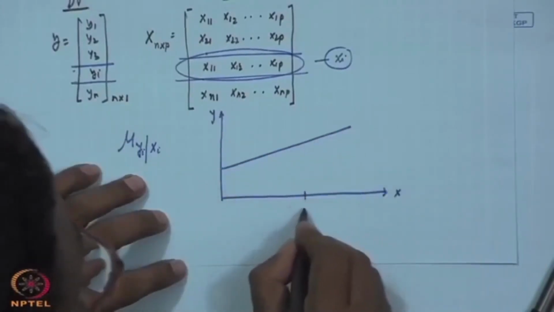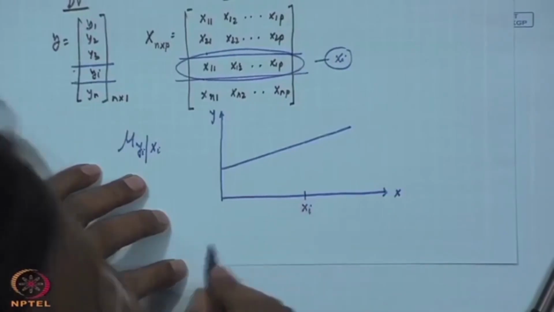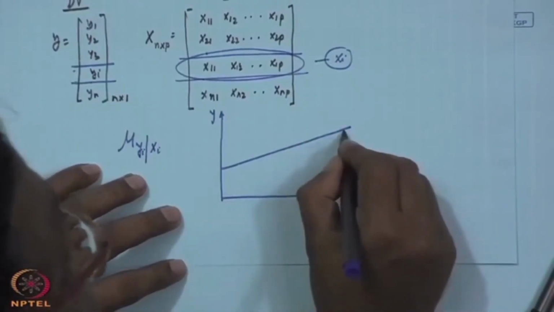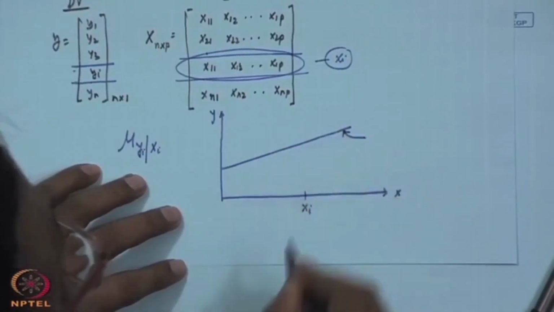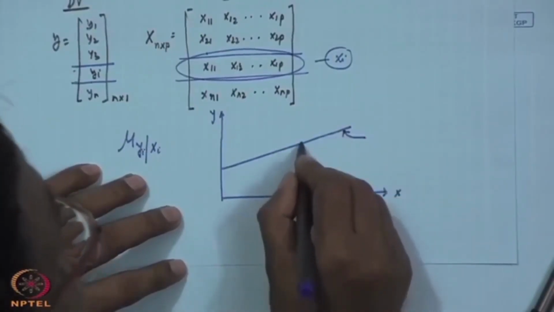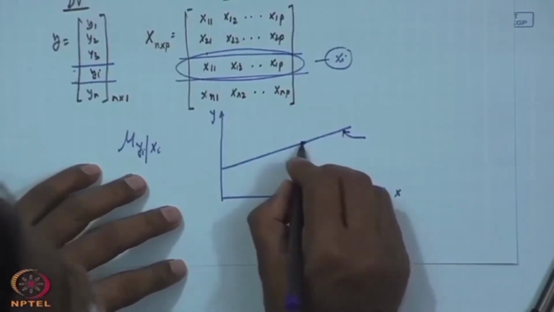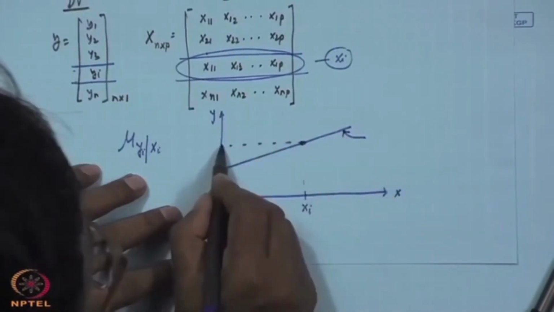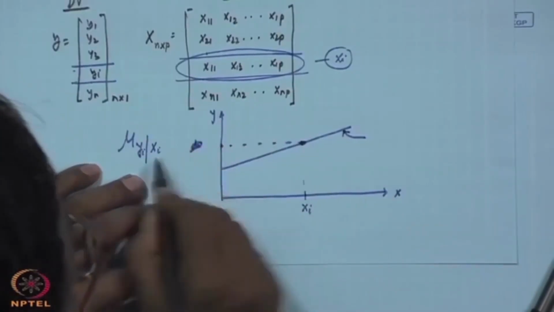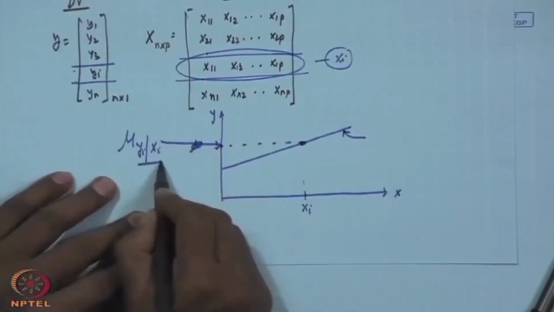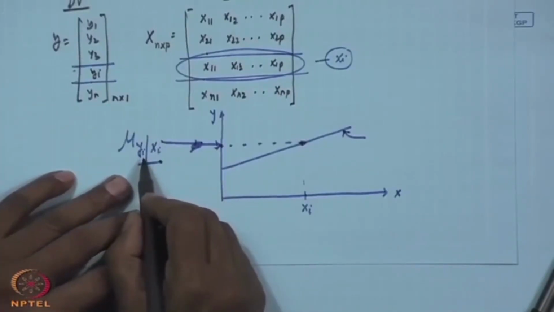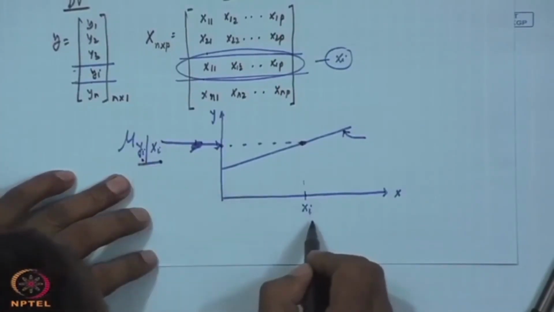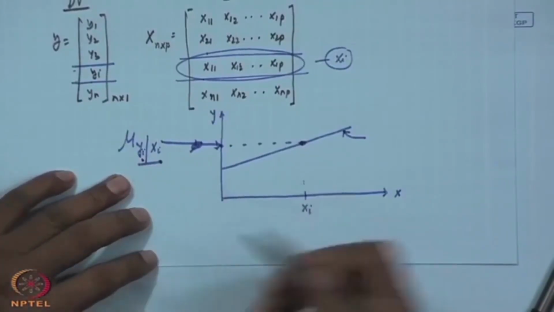Suppose this is your xi, and if this is the regression line, the linear line, then you go like this and you get this point here. What is this value? This value is nothing but mu, the mean value of y for the ith observation, given the ith observation.